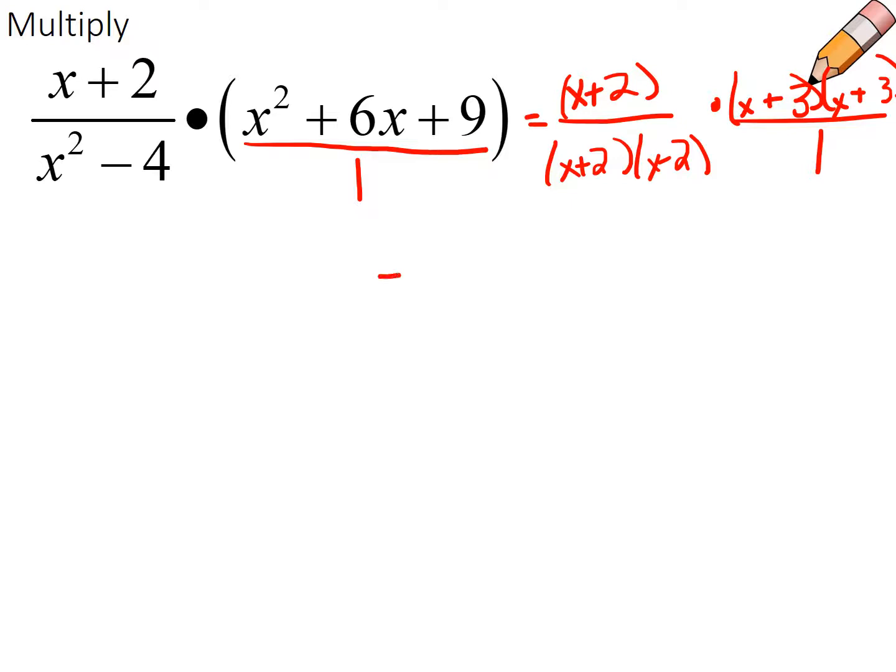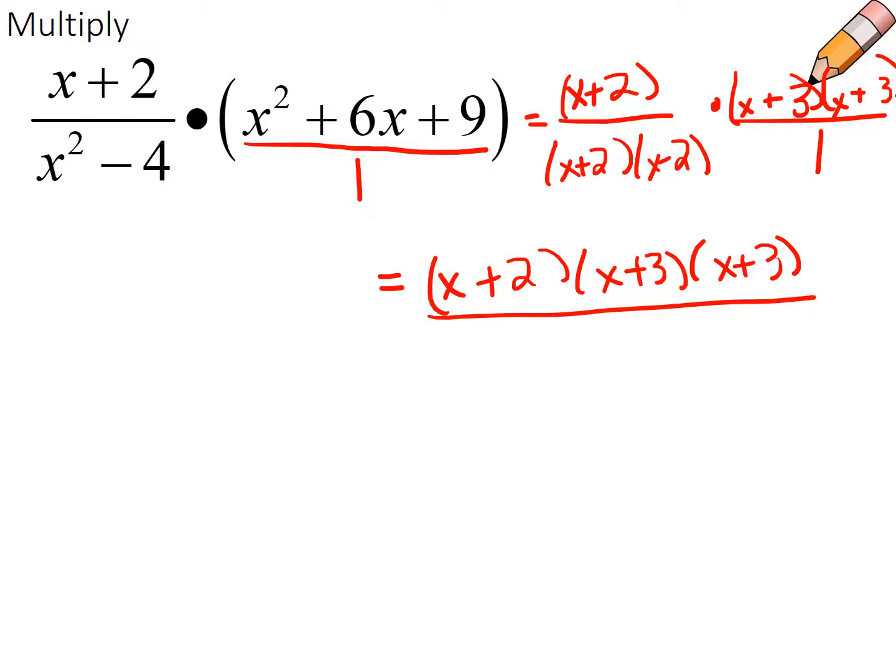All right, now we're multiplying top times top over bottom times bottom. So we have x plus 2 times x plus 3 times x plus 3 all over x plus 2 times x minus 2 times 1, but we don't need to put the times 1.